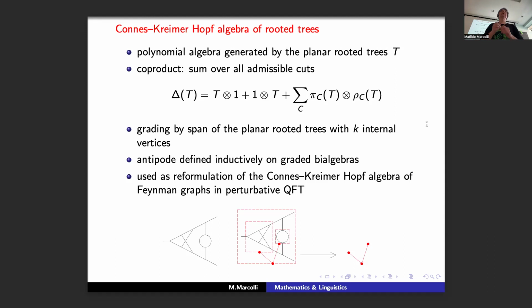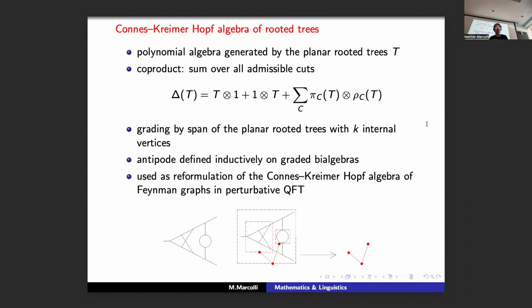In this setting, the trees are not necessarily just binary; they have arbitrary valence, but the coproduct is exactly the same that we have been using, namely the one that makes admissible cuts on the tree, takes on the left side the forest that is falling off when you do this admissible cut, and on the right side whatever is left attached to the root in the original tree.